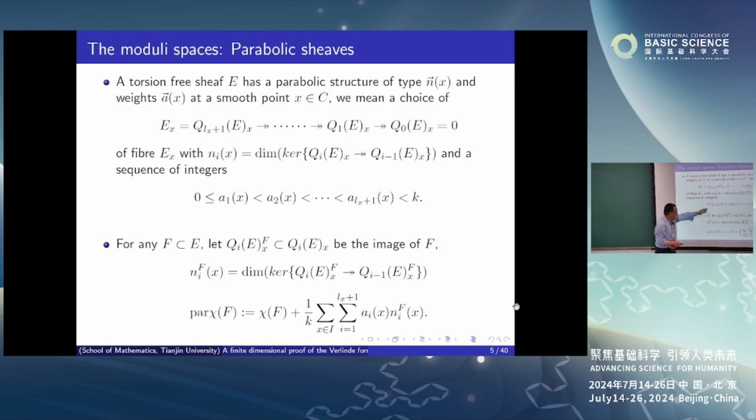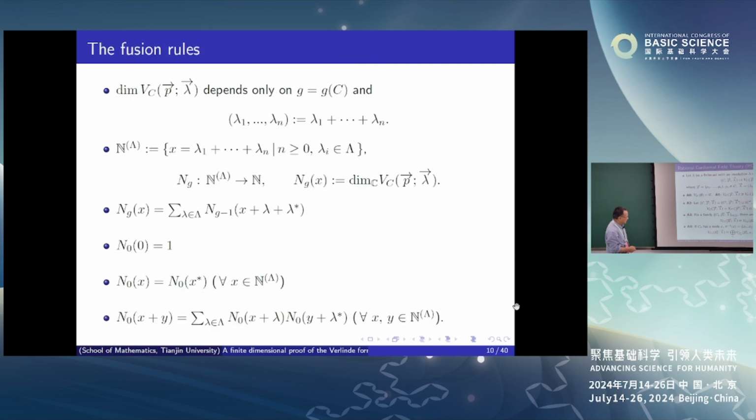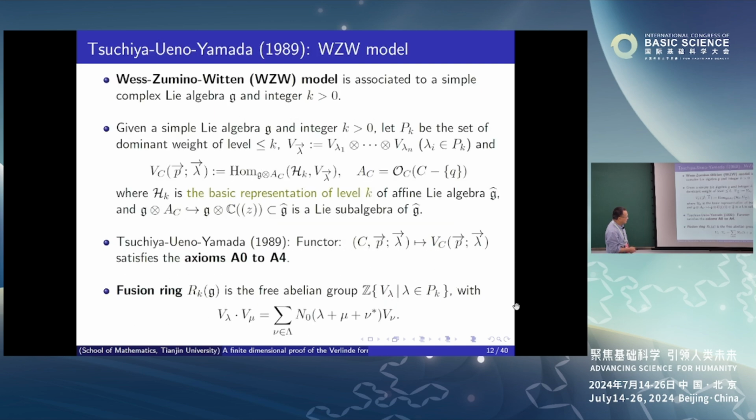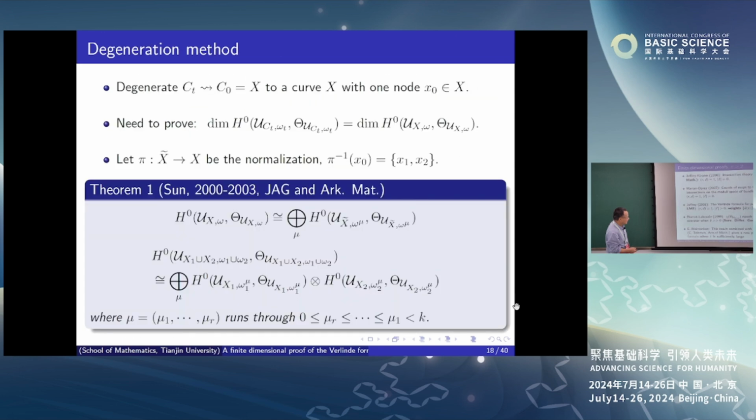So it's smaller. Okay, so let's decrease the genus. But when you decrease the genus, you will see that this increases the number of parabolic points.